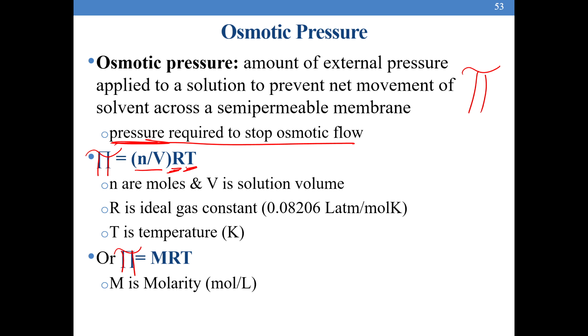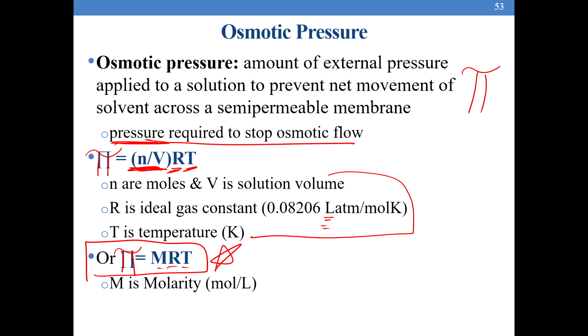If you remember moles over volume, if volume is given in liters, which it needs to be because of the R, you could reduce that down to pi equals molarity times R times T. So this lower formula that I put the star next to is a simplified version. It's not provided in your textbook. This upper formula is the one that's provided in your textbook.